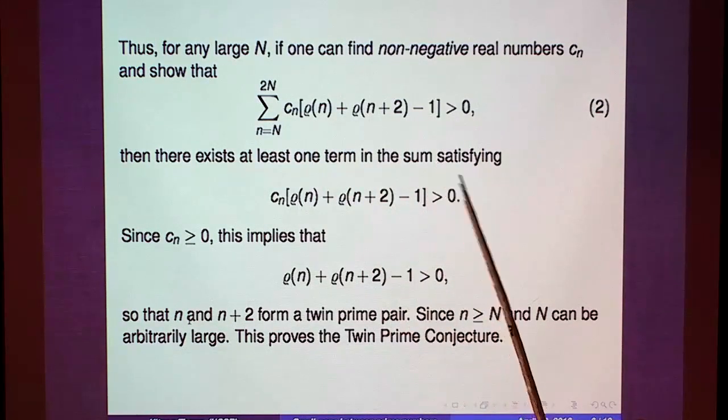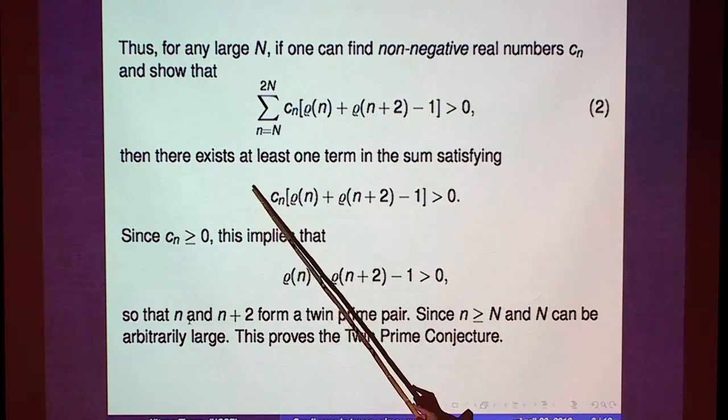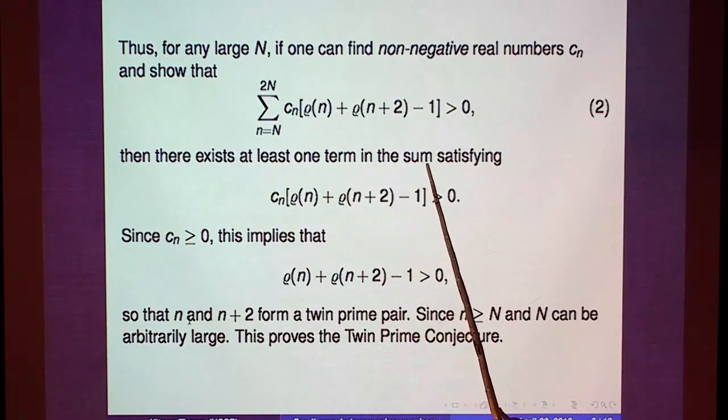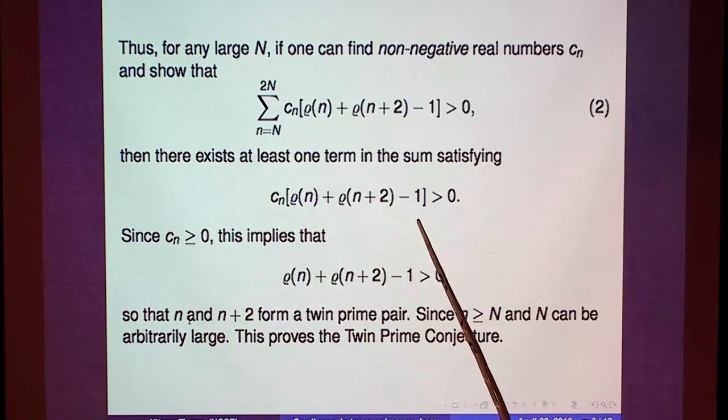A positive sum implies that there exists at least one term in this sum which is strictly positive.